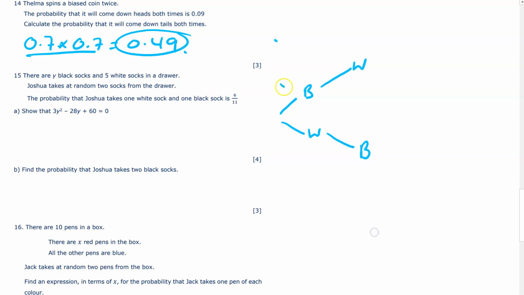So if he starts with y over y plus 5 and 5 over y plus 4, because he's taken 1 out, and then 5 over y plus 5 and y over y plus 4. If we multiply these together, we're going to get 5y over 5 plus y, 4 plus y, and I've changed my y's around, but it doesn't make any difference.